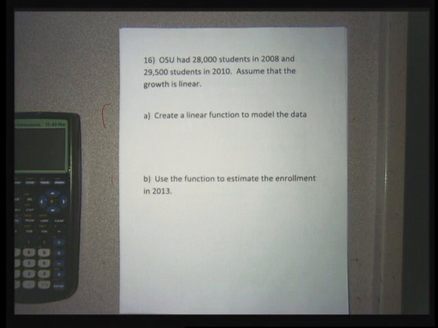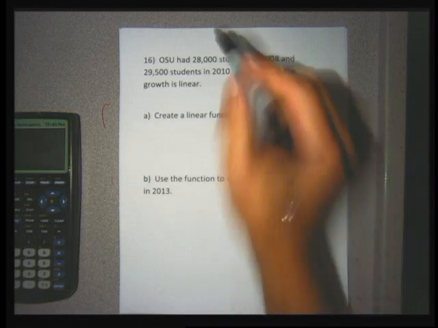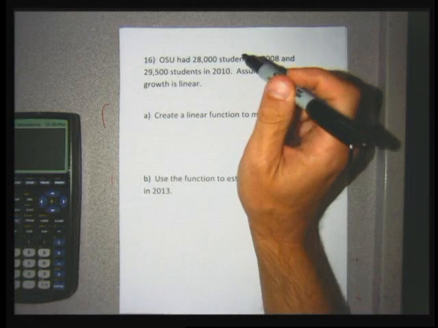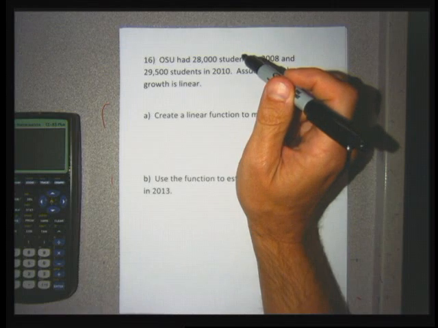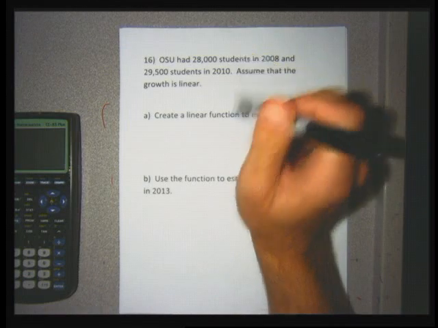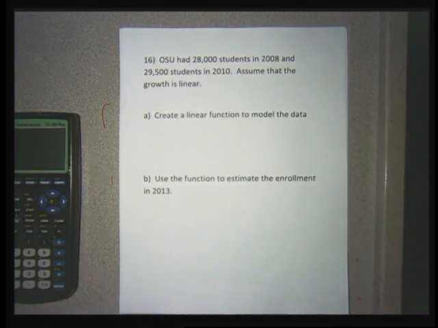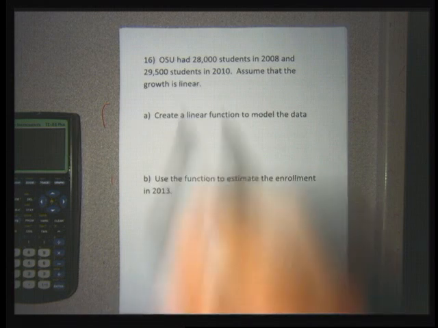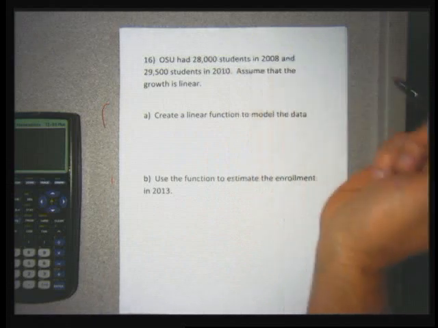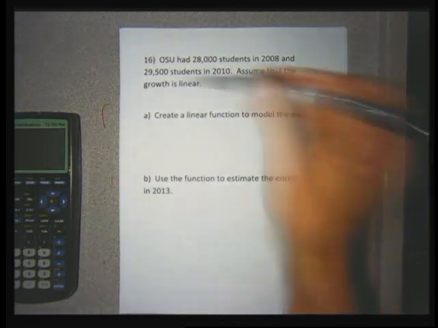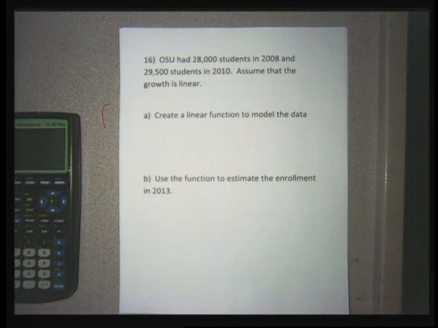For problem 16, if I look at the problem, I see 4 numbers. When I see 4 numbers, that generally tells me I'm going to be asked to find an equation for a line. There's probably 2 x's and 2 y's, and there are points buried in here. So if I read through the problem: OSU, which would be Ohio State, because I'm from Ohio, Oregon State, Oklahoma State, had 28,000 students in 2008, 29,500 students in 2010.